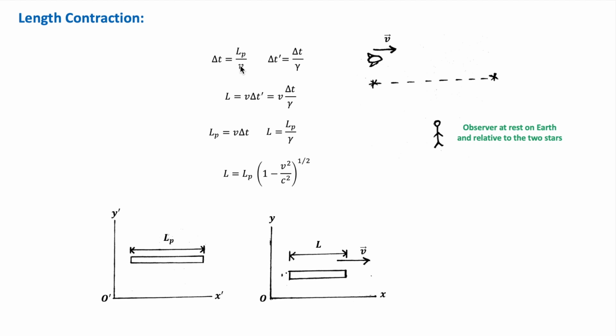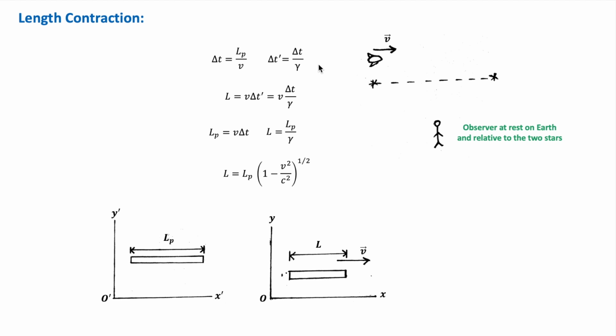And because of time dilation, an observer in the moving spaceship measures a smaller time of travel of delta t dash equal to delta t over gamma. And so according to this space traveler, he or she is at rest and the star of destination is moving toward the spaceship with a speed v and will reach this destination star in a time of delta t dash.